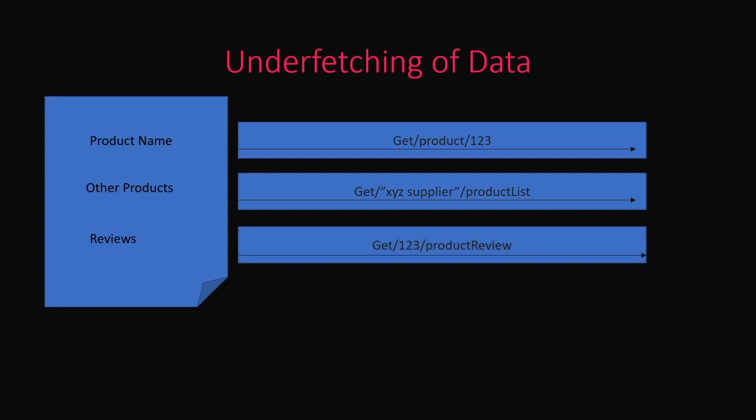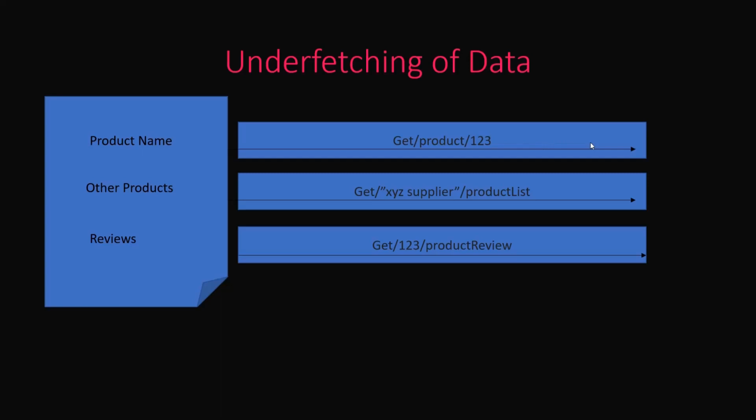The problem of underfetching is clearly visible here. In the first call, I don't get all the details related to other products and reviews, for which I have to make individual, independent calls for the product list and product review. You might argue that I can achieve this in a single call, yes, by passing query strings. But while doing so, we are already trying to solve a problem that is already solved by GraphQL.